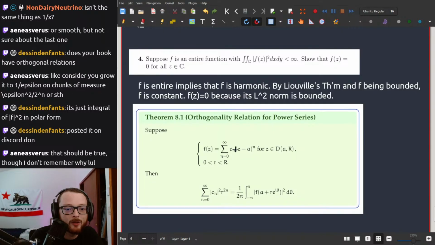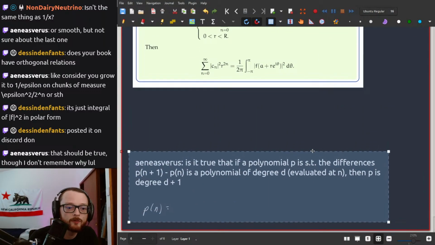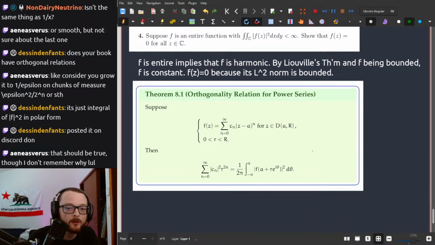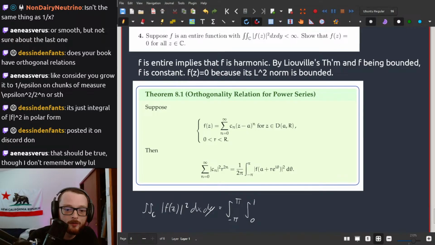Okay, so you want to use a power series because it's entire? What are you going to do with this power series? So, okay. Shove this downwards. The integral over the complex plane of |f(z)| squared dx dy is equal to the integral from minus pi to pi, integral from 0 to infinity.